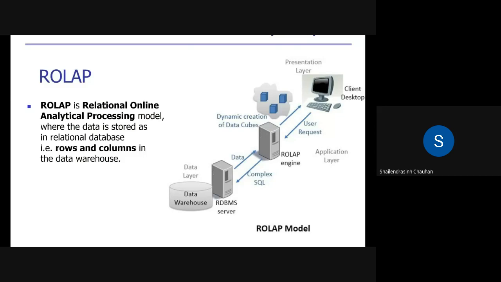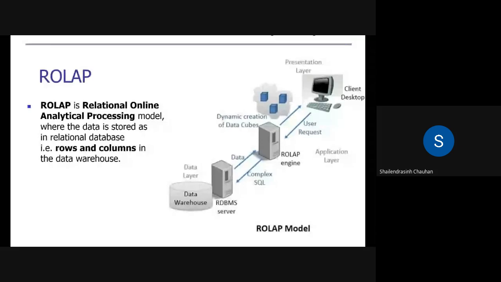The RDBMS server is going to fetch the data from the data warehouse based on that complex query. In the data warehouse, data is stored in the form of rows, columns and tables. The data fetched by the RDBMS server will be sent back to the ROLAP engine.